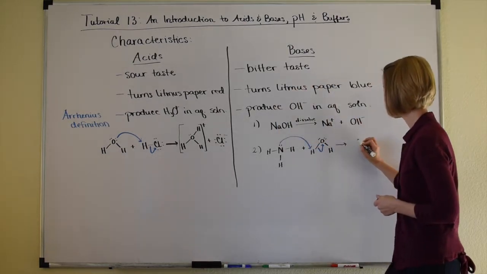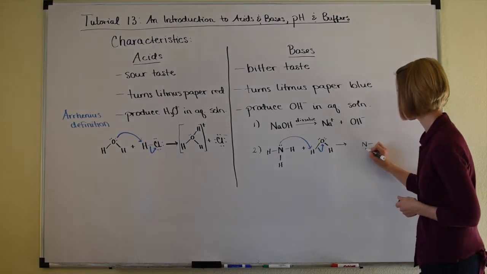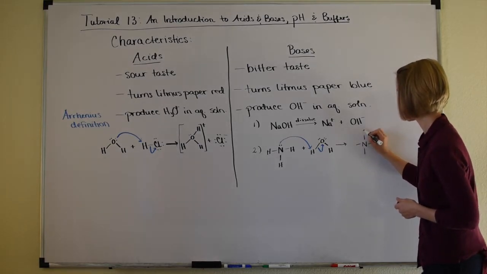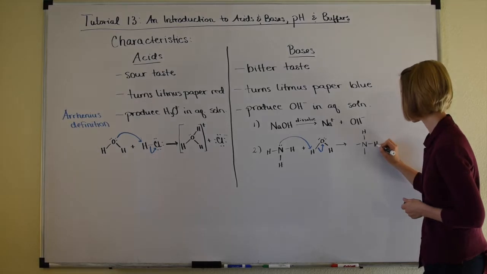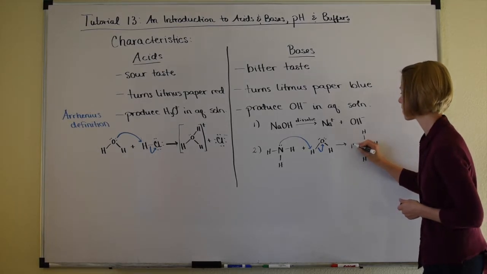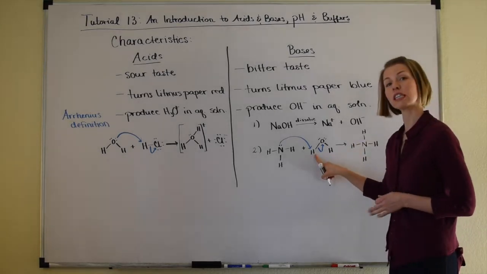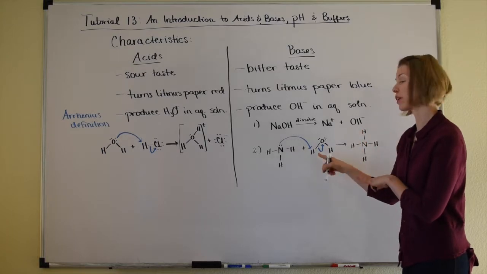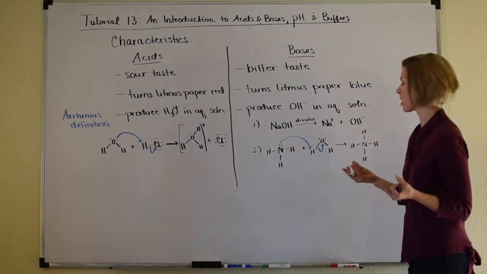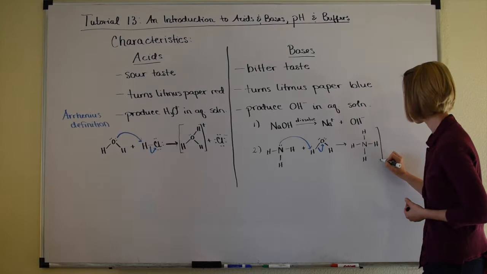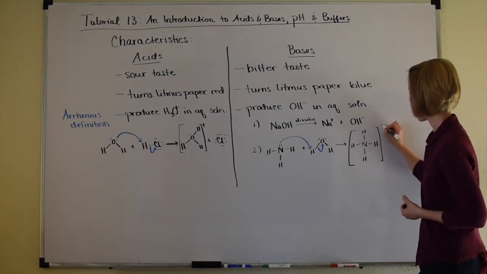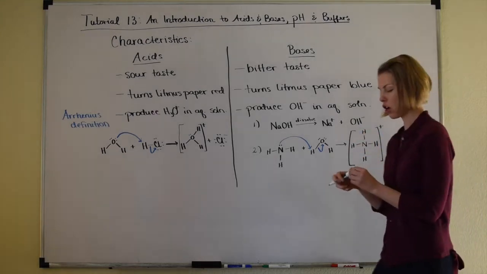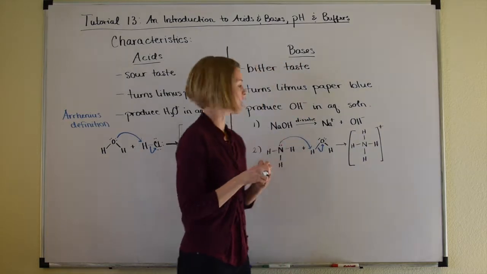resulting in the formation of an ammonium cation, because once again, remember that the hydrogen leaves its electron behind, bringing with it only a proton, so only a positive charge. So overall, we'll have a 1+ charge on that ammonium ion.